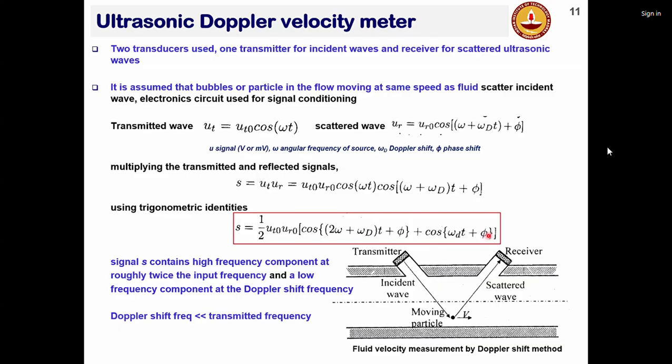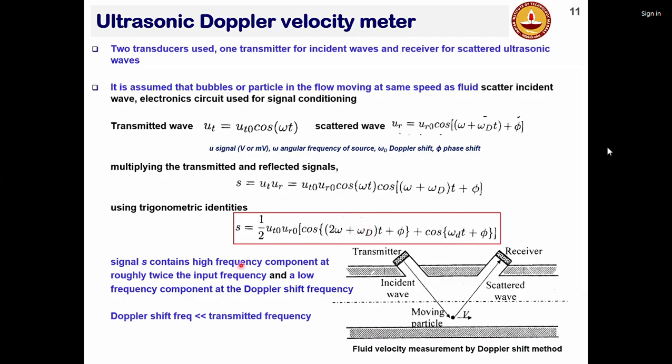So you can see that this way, this multiplied signal contains two different frequencies. There is a high frequency component. Typically, so this would actually be capital D. Okay, this D and this D are the same. Typically, the incident frequency is very high as compared to the Doppler shift frequency.